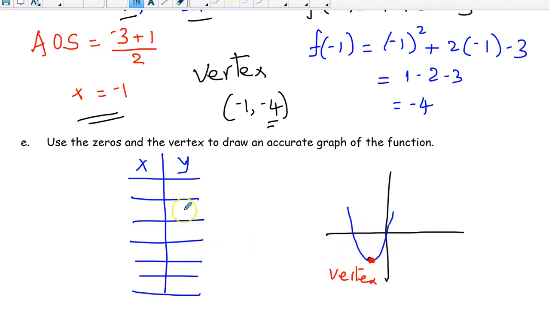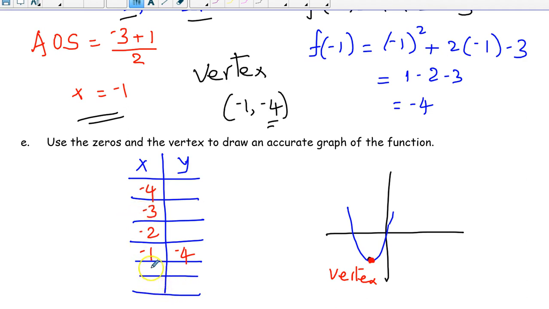So that vertex, which is -1, -4, I'll put it in the middle. So I'll write here -1, and the y coordinate is -4. And above, you go down by 1. So before -1 it was -2. Then take away one more, that gives you -3, and then -4.